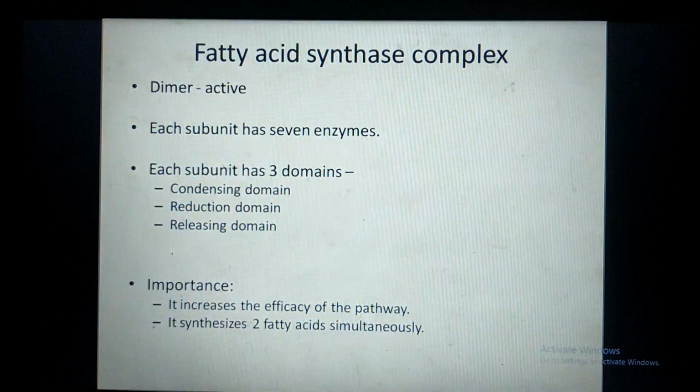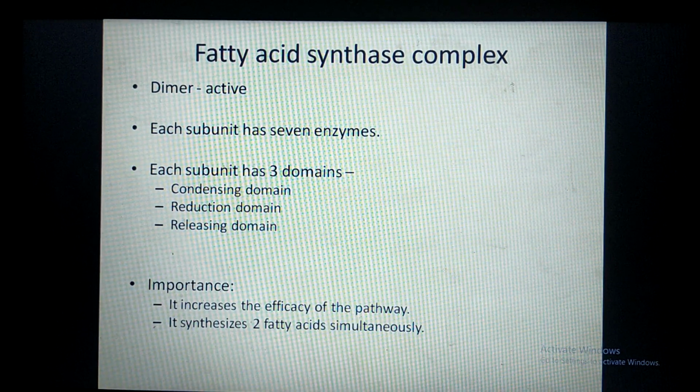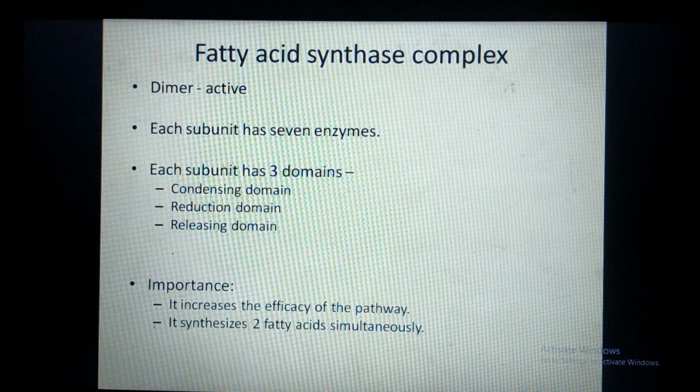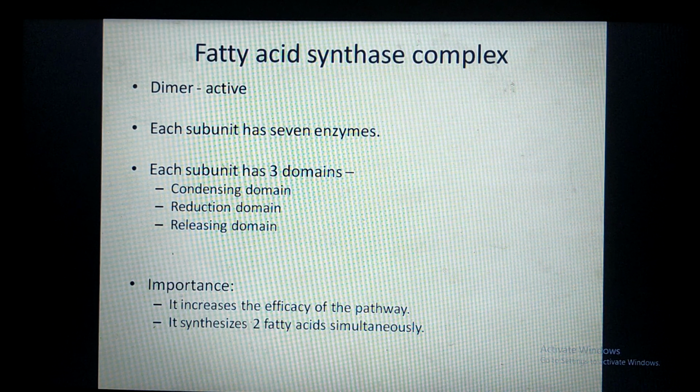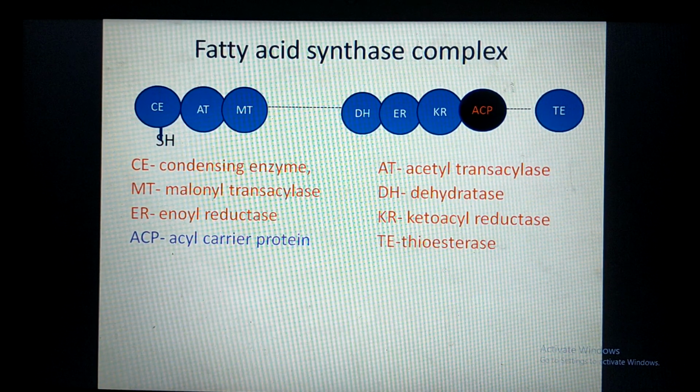If we separate the two subunits, then they do not act. Therefore, the dimer form of the fatty acid synthase complex is the only active form. Now, this dimer form increases the efficiency of the pathway. That means at a time two fatty acids are synthesized on the complex. Now if we separate the two subunits, here I am showing you only one subunit.